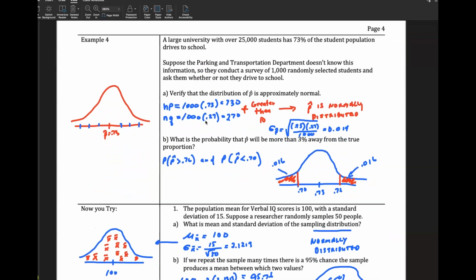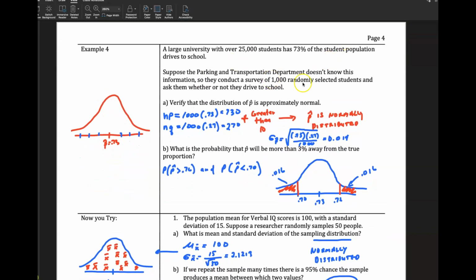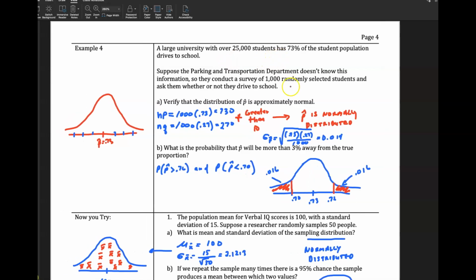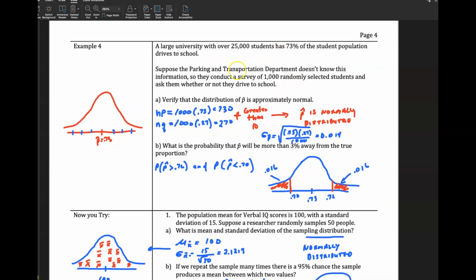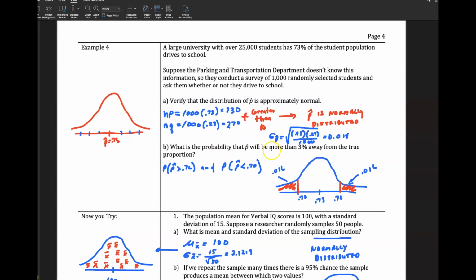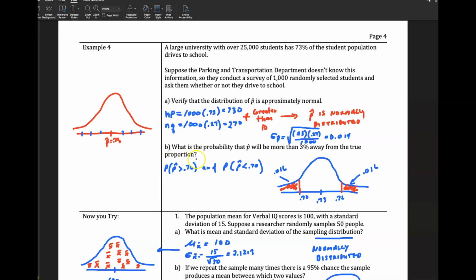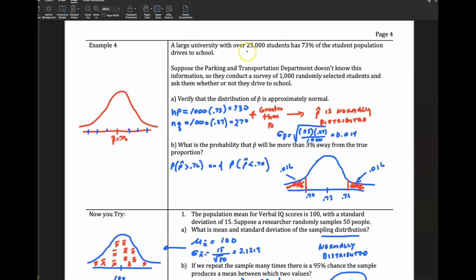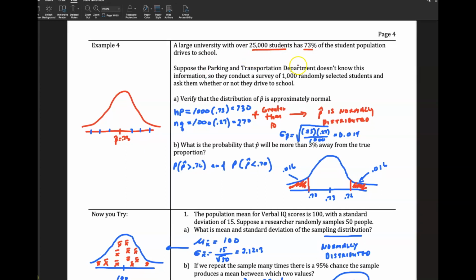So let's finish that one here. You have this situation where we're trying to determine the probability that the proportion will be more than 3% away from the true proportion. So what are we looking at here? We're looking at a university, 25,000 students, 73% drive to school, so a commuter school.